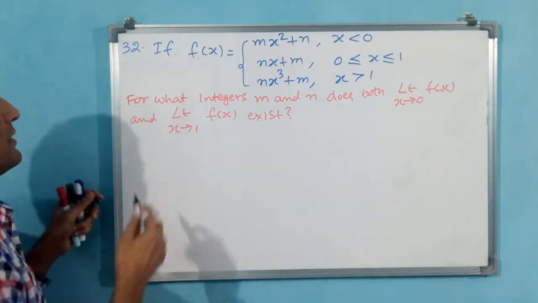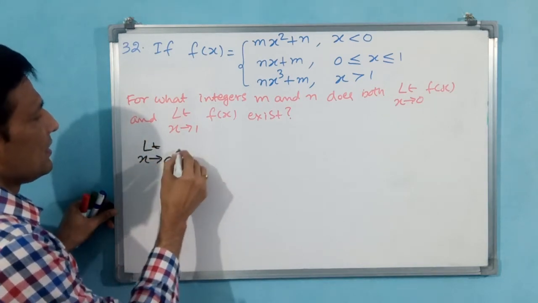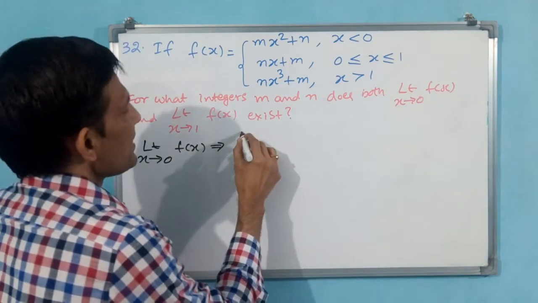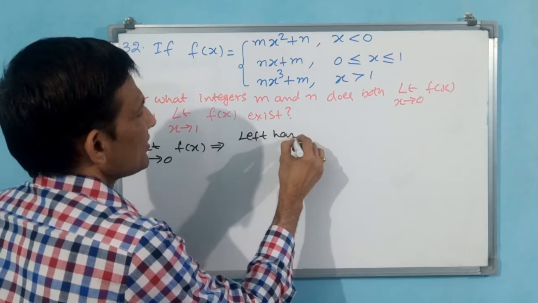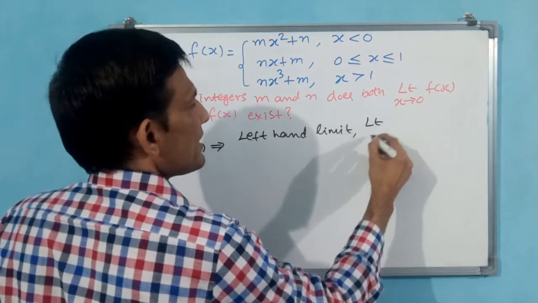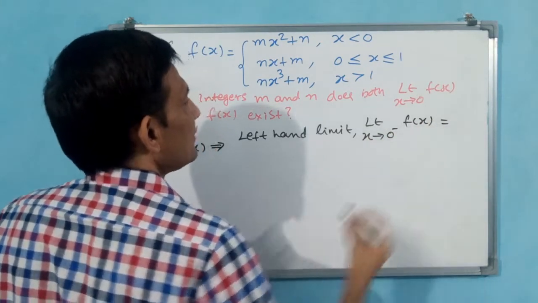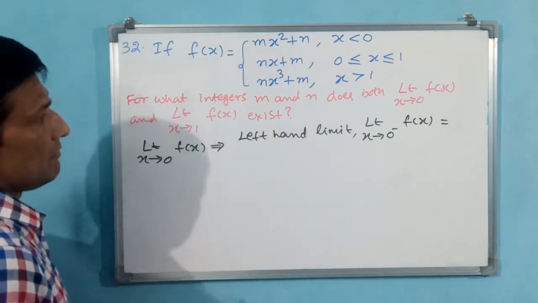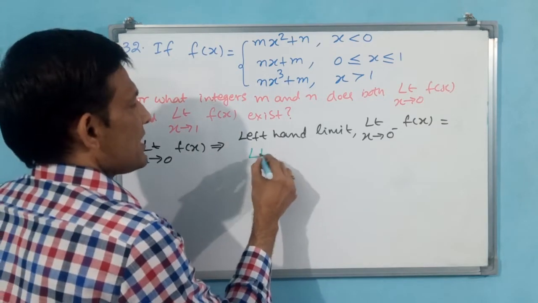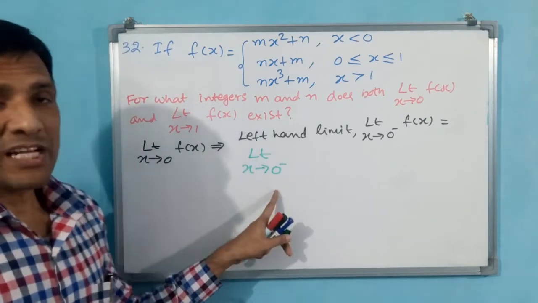You see what I am doing. Limit x tends to 0 of f of x implies... Okay. Now you write left hand limit: limit x tends to 0 minus of f of x is equal to. Now wait. 0 minus means less than 0.